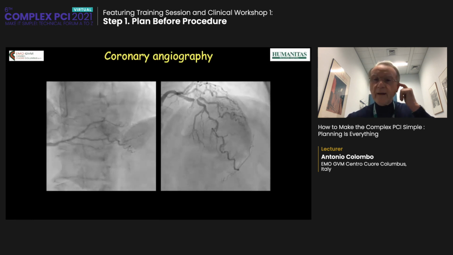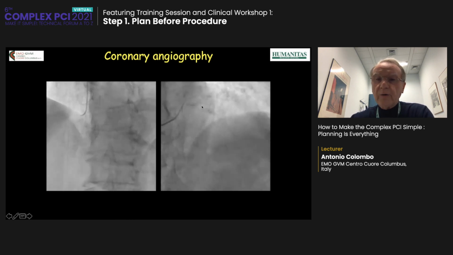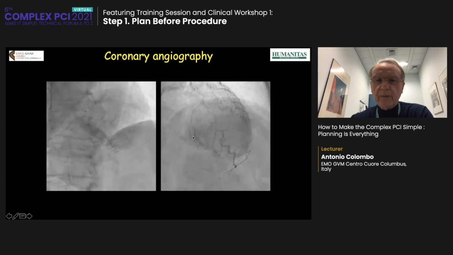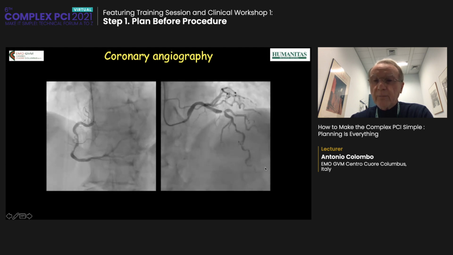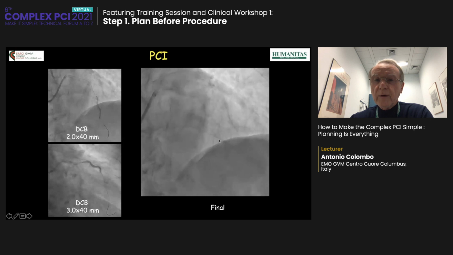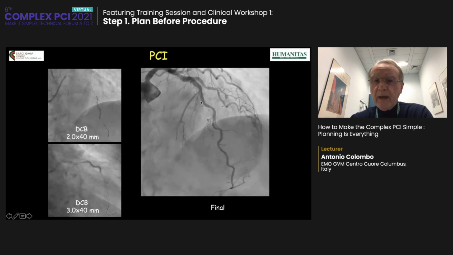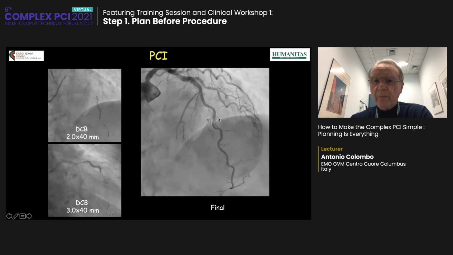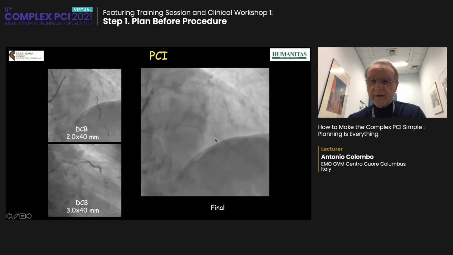A final example, this is a very tortuous long LAD with a focal lesion in the diagonal branch. Instead of implanting long stents, we did a PCI and measured the distal gradient, then used the drug-coated balloon, despite the presence of a dissection.